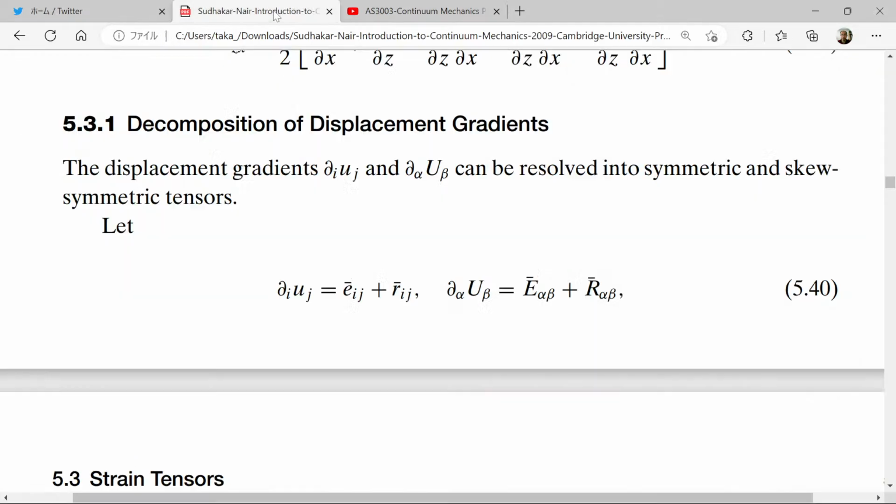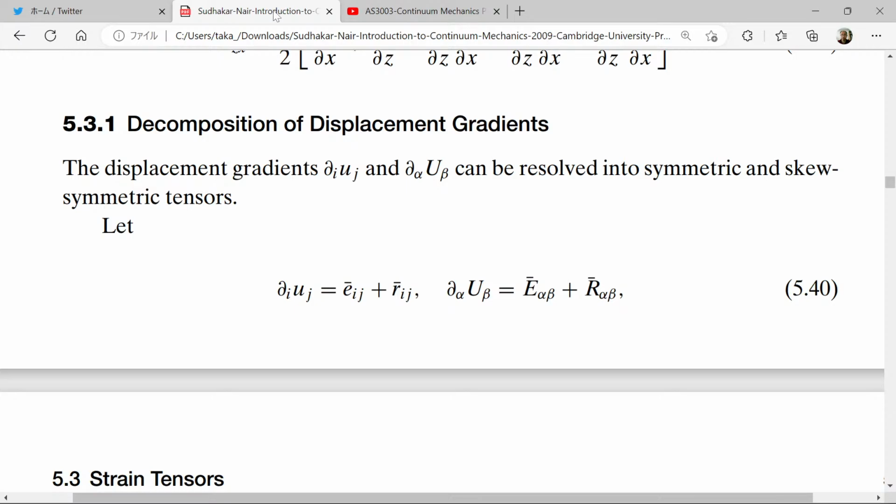So we continue this section, 5.3.1, Decomposition of Displacement Gradients. The displacement gradient, partial i u_j and partial alpha u beta, can be resolved into symmetric and skew-symmetric tensors.